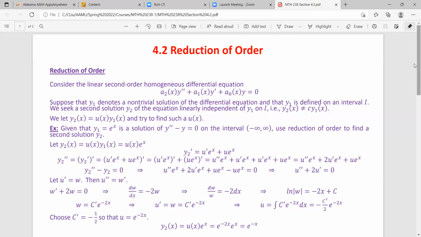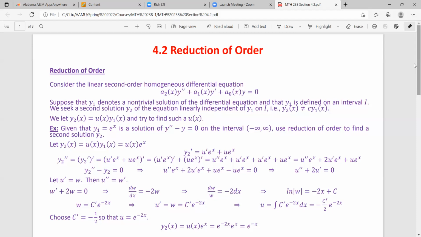Then what it means is when you take the second derivative, u double prime, it's just the first derivative of w, because w is just the first derivative of u. Okay, so then the equation becomes w prime plus 2w equal to 0. Okay, so you can see it becomes a first order differential equation that we know how to solve easily.